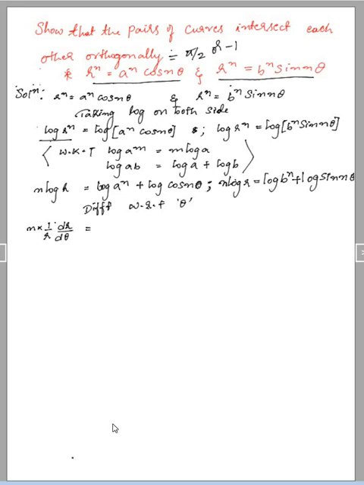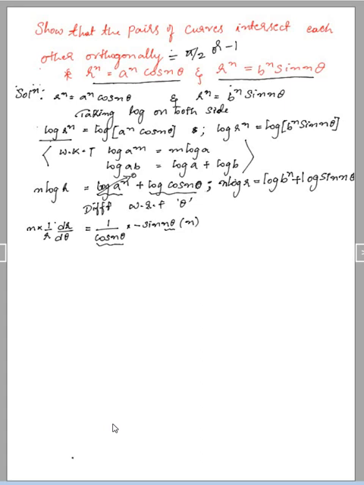This is equal to differentiation of log a power n, which will be 0, plus differentiation of log of cos n theta, which is 1 over cos n theta multiplied with the derivative of cos n theta, which is minus sin n theta, into differentiation of n theta, which is n. Just I have applied the chain rule.